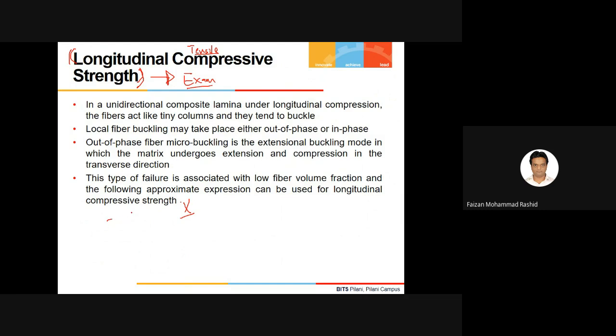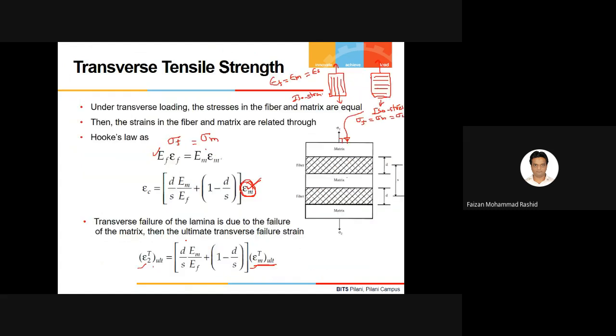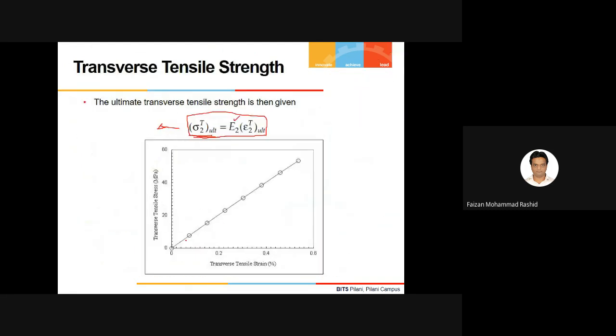Few authors are proposing something, it is a topic of research, where people are still working and trying to build a very robust formulation for longitudinal strength in the compressive direction. But for at least transverse tensile strength, the formula is okay. We can work on this one. So this much is done.